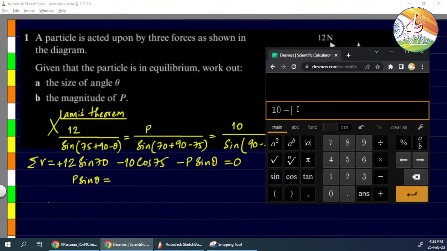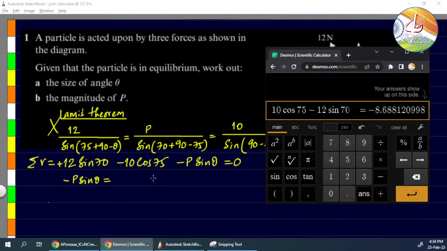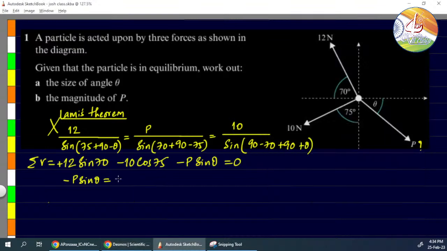What do we get? 10 into cos 75, then minus 12 into sine 70. That side we get minus 8.688. Minus minus will cancel out. We get P sine theta as this value.